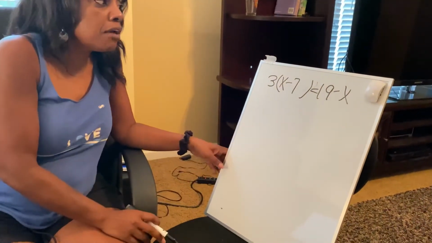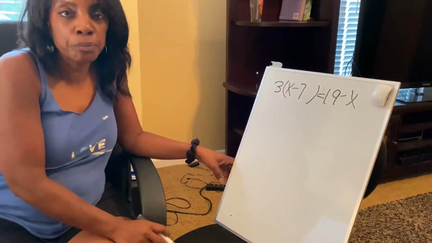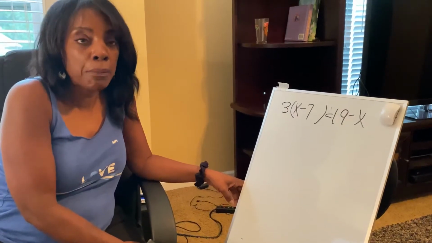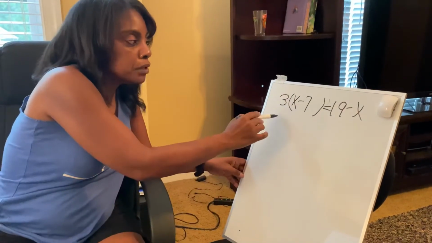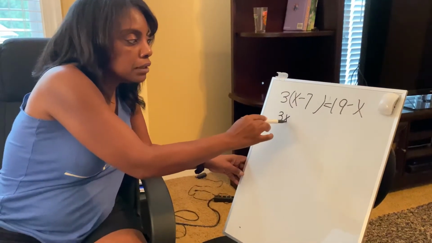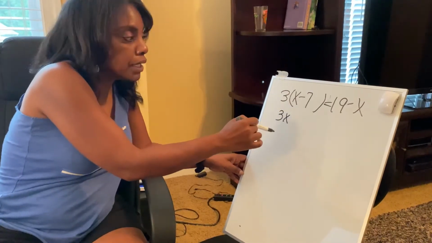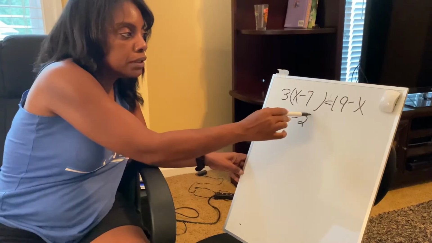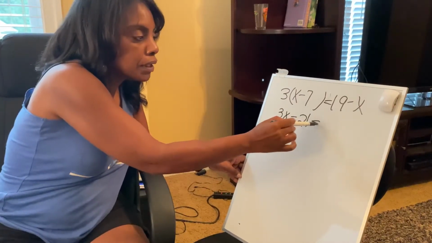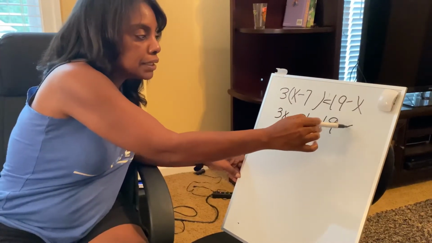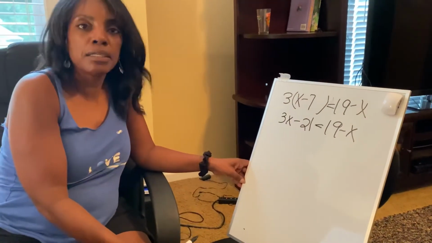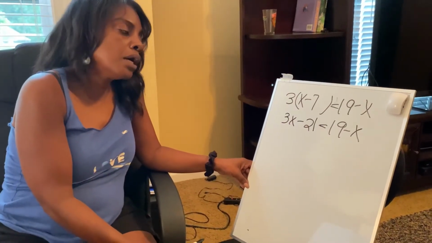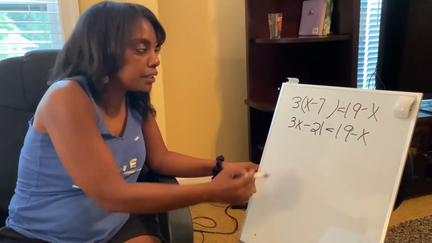So in order to solve this problem, we need to do the distributive property. So we're going to be 3x, 3 times x is 3x, minus 3 times 7 is 21, equals 19 minus x. The next step is to add x to both sides.